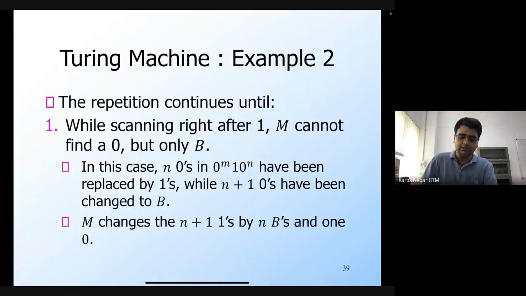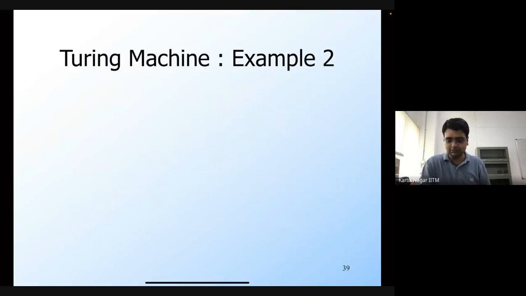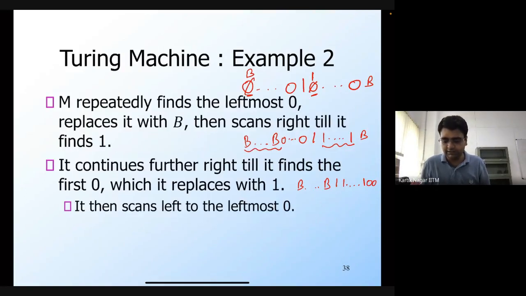The repetition continues until, while scanning right after a 1, M cannot find a 0 but only blanks. This corresponds to the scenario where after scanning a 1, there are no more zeros to be found, only blanks. In this case I know that I have converted these n zeros after the 1 to 1, and I have converted n plus 1 zeros to blank.